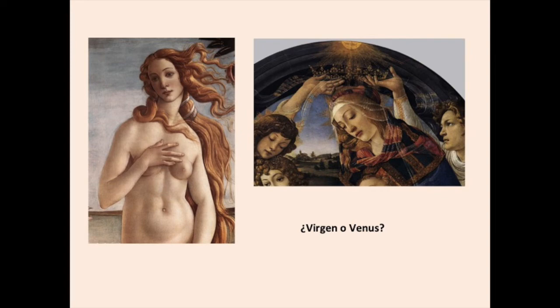With the church, there was a priest that persecuted these designs because the Virgin was not supposed to be so beautiful. Some men in the Renaissance felt the Virgin could inspire not a religious feeling but a sexual feeling.